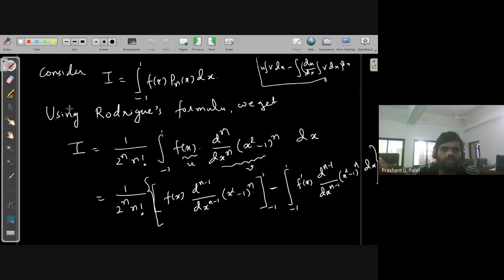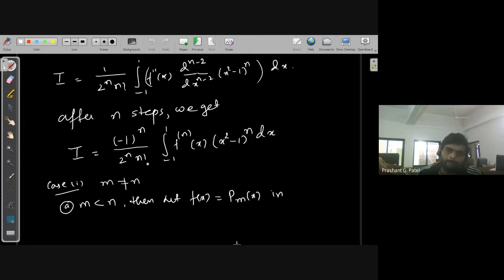If I consider this as equation 1, and if I replace this f of x equal to pm of x in 1, then we have integration minus 1 to 1 pm of x pn of x dx.